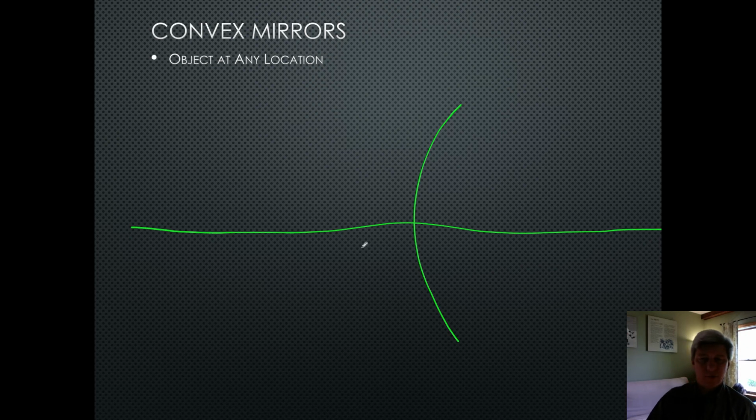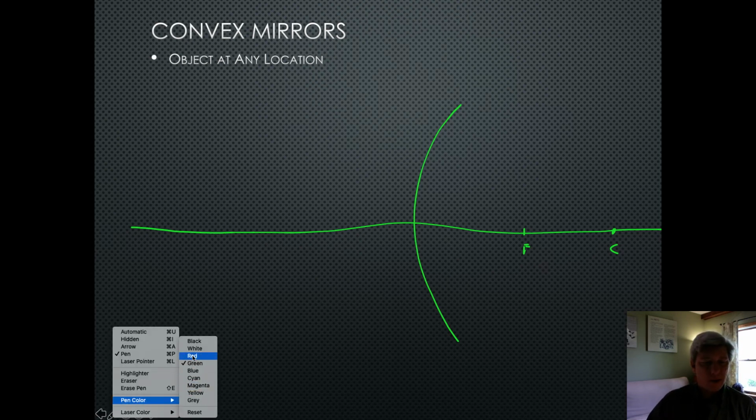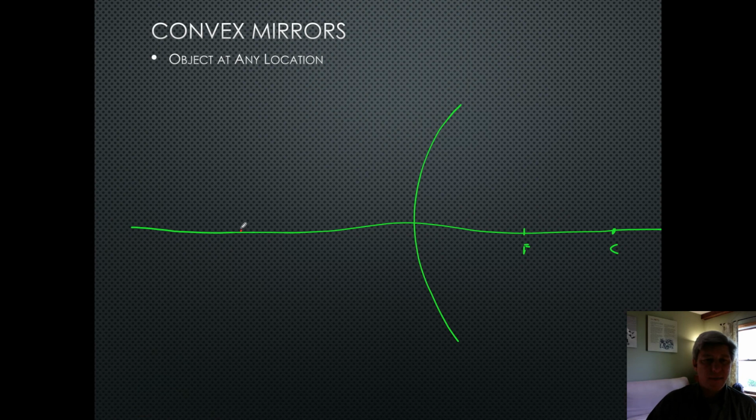Pretend that's a perfectly straight line. And in this case, notice that the center of curvature is located inside the mirror, and therefore so is the focal point.